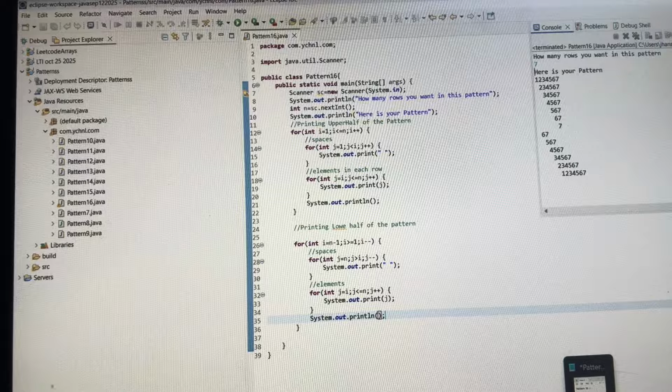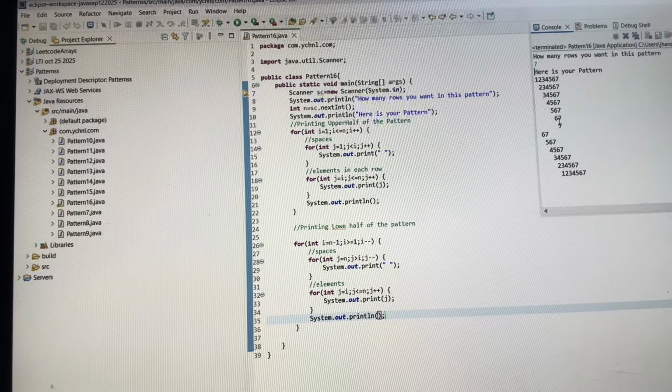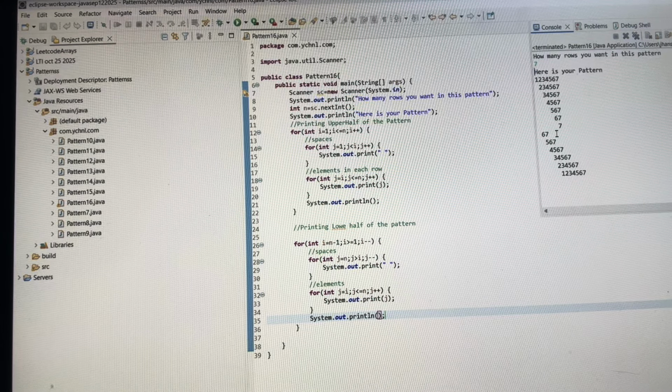If you see, the pattern we want is different and what we got is different, right?